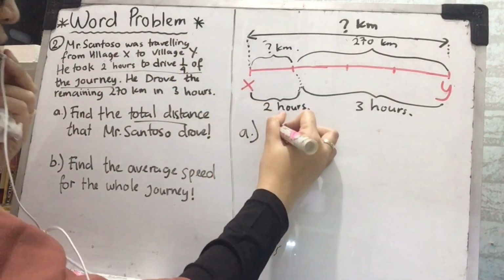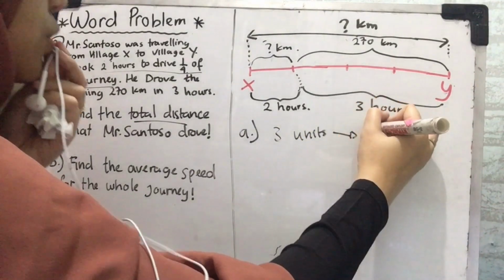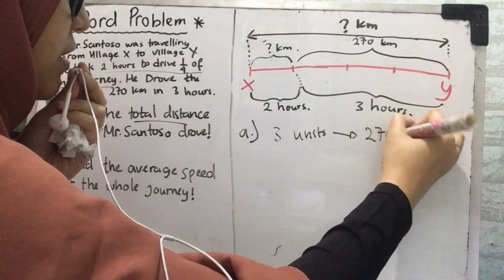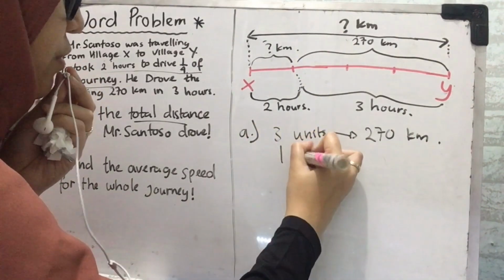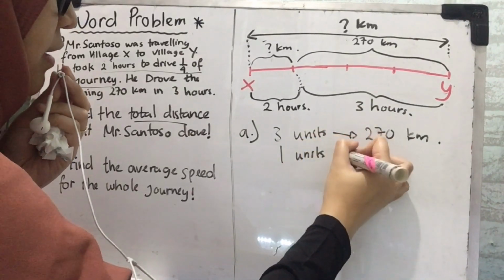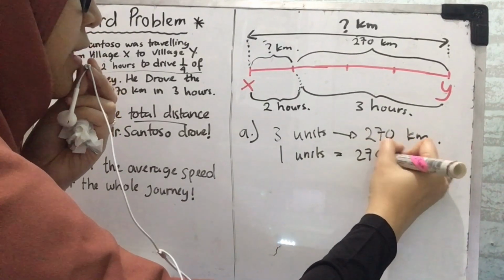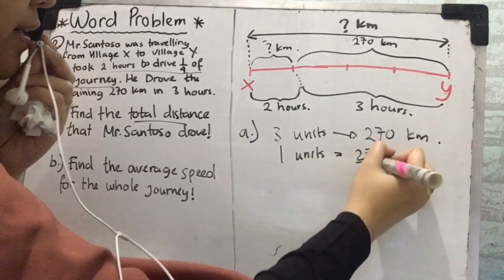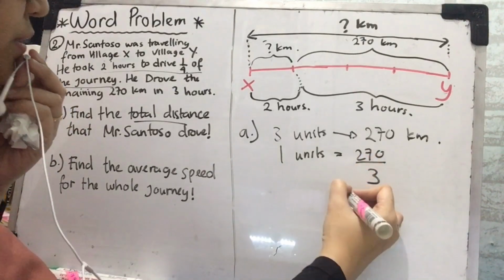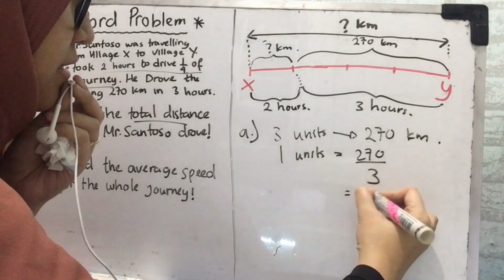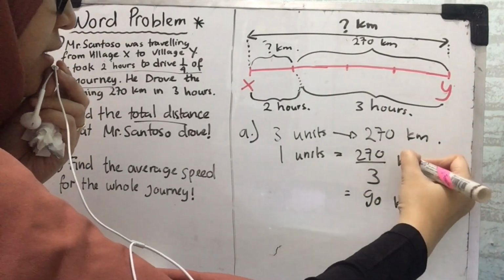If 3 units are 270 kilometers, then 1 unit is 270 divided by 3. 270 divided by 3 equals 90 kilometers.